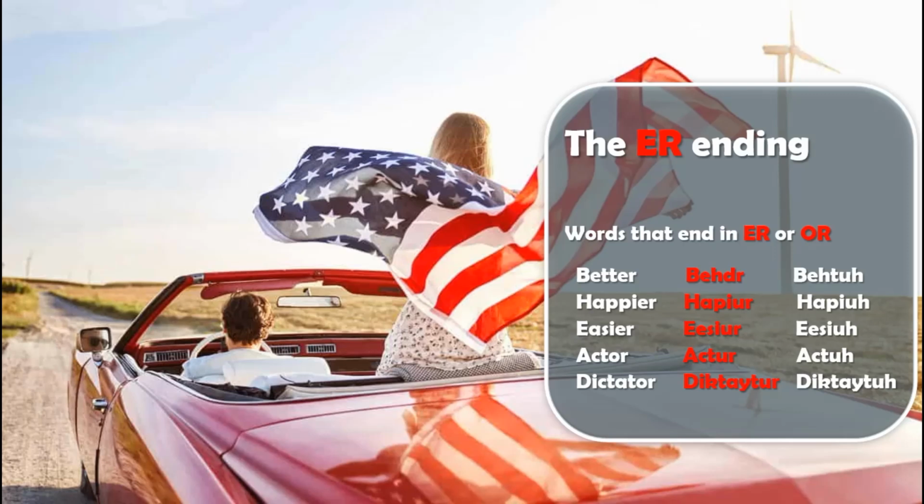You will hear this sound in words that end in ER or OR, like the words better, happier, easier, or OR words, actor, dictator. This is a big difference between American English and the English from England and Australia, where in England, they don't even pronounce the R, so it would be beta instead of better.